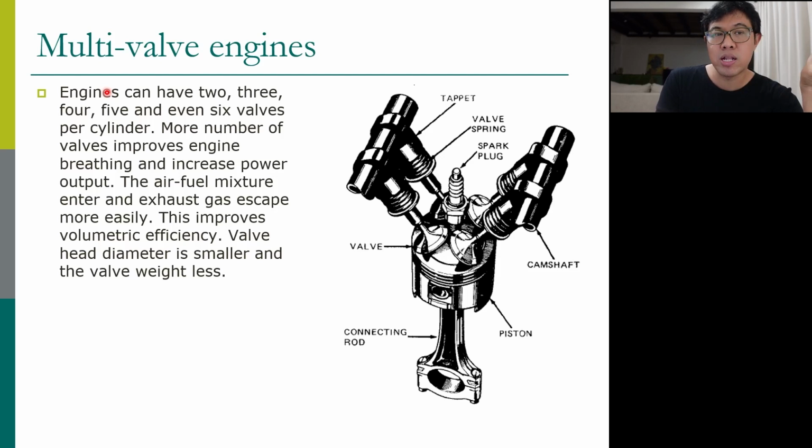All modern engines have multi-valve, because when you have more valves, you can increase the flow cross-sectional area, which helps improve breathing.